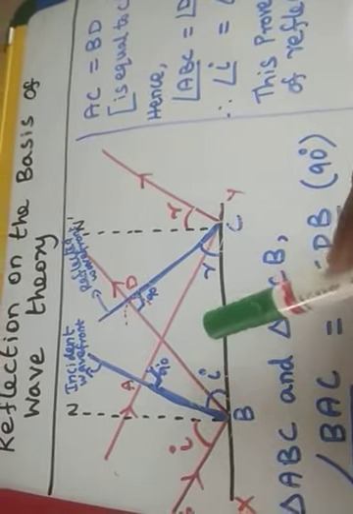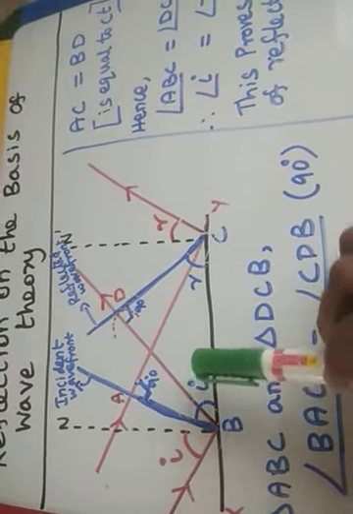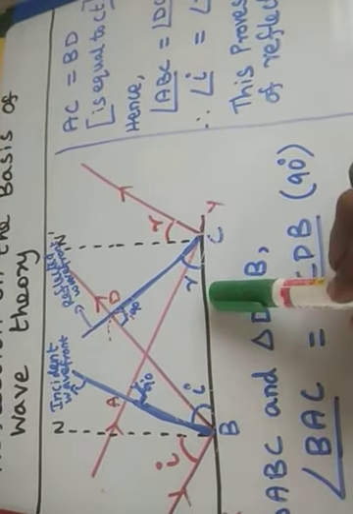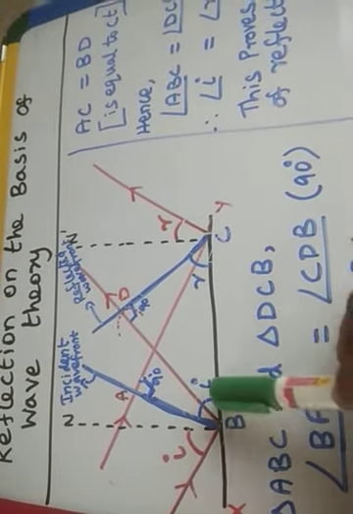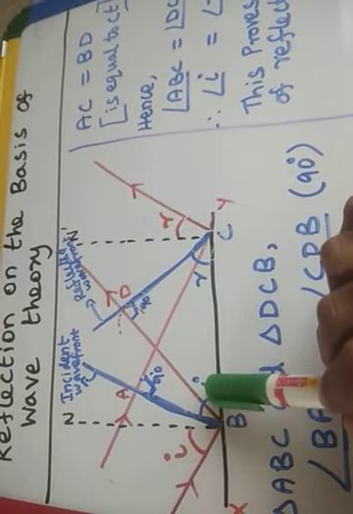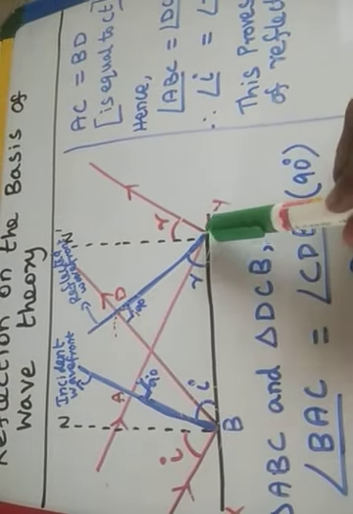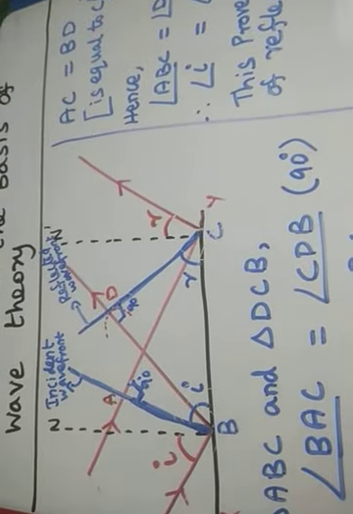In wave optics, the angle of incidence is the angle between the reflecting surface and the incident wavefront. The angle between the reflected wavefront and the reflecting surface is the angle of reflection.